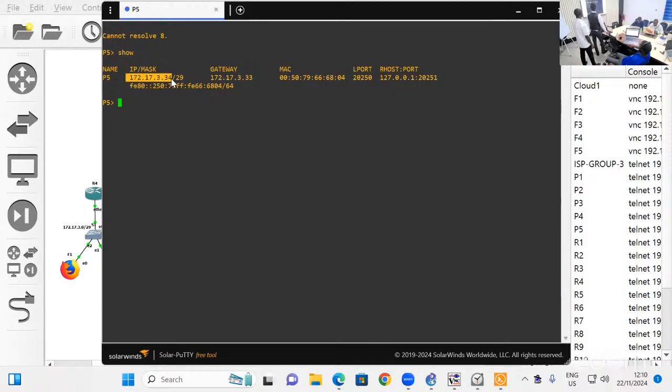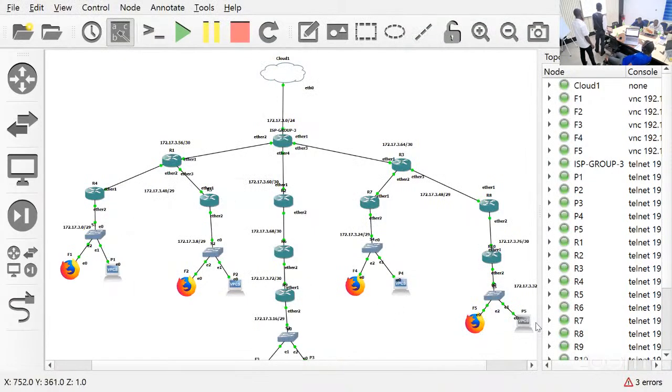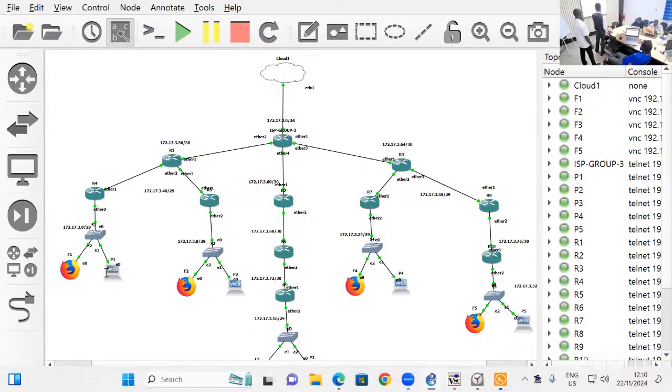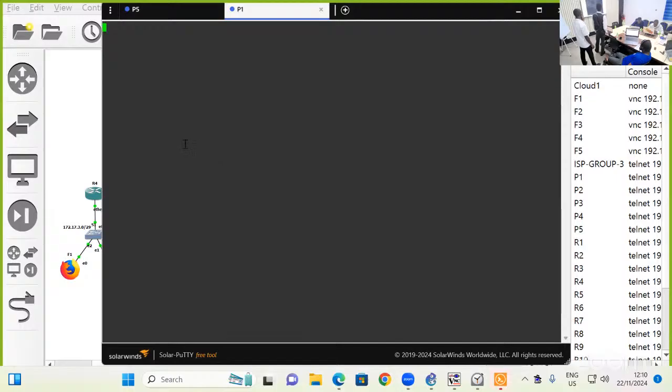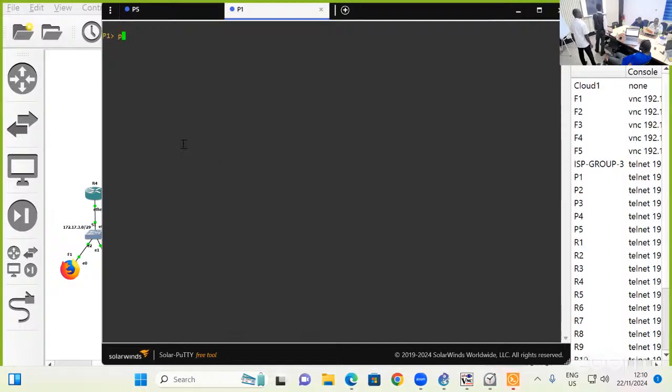All right, so the computer over here is 172.17.3.34, right? That's here. So I'm going to go out from this other side. So ping 172.17.3.34.